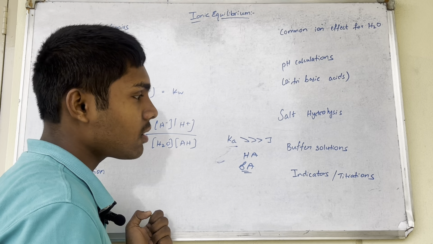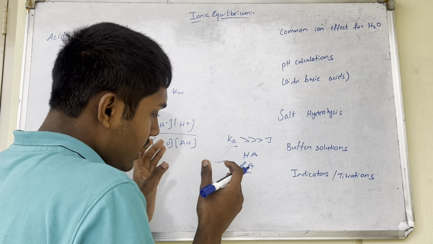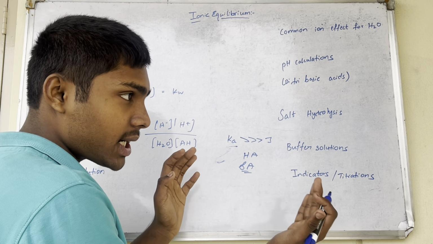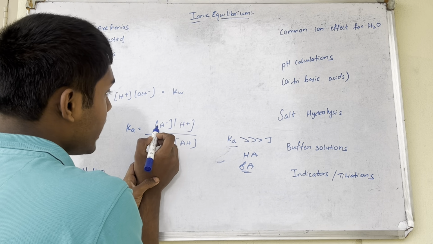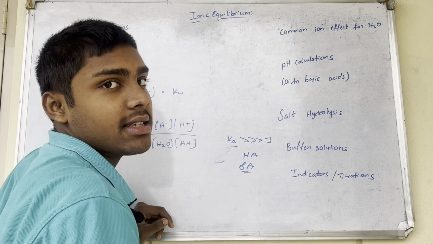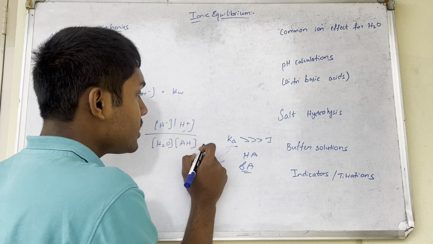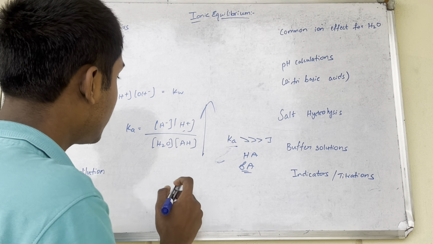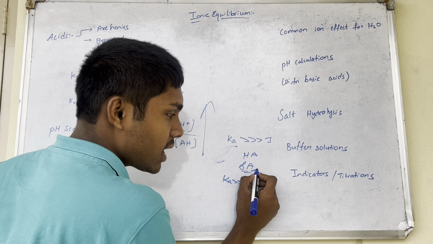We can term it a strong acid because K is much larger. It is easily dissociated, means HA plus H2O is converted into products very fast. In the sense, product concentration is so much. If the numerator is so much, then we can term it a strong acid because in the numerator we have the H plus ion, right? So for a strong acid, the concentration of H plus will be more.